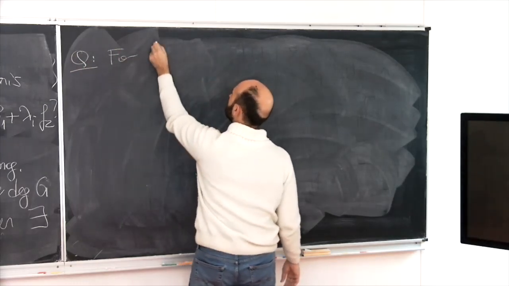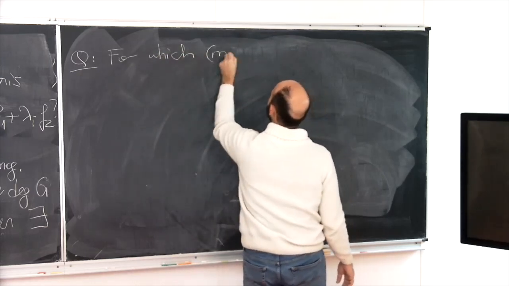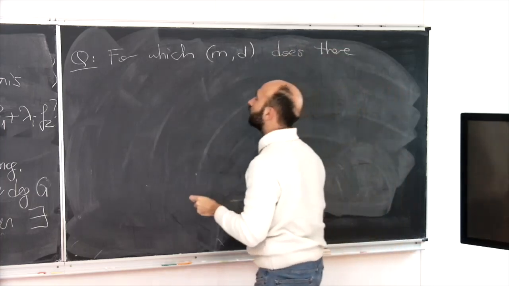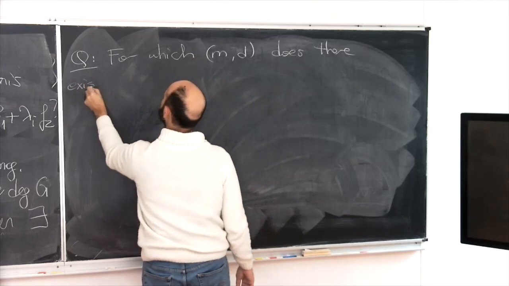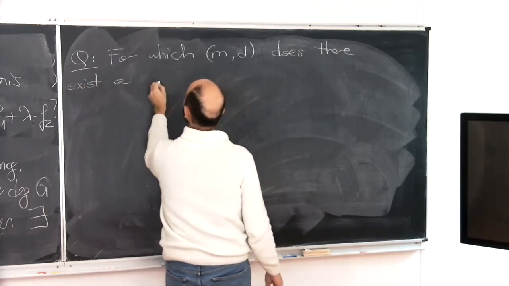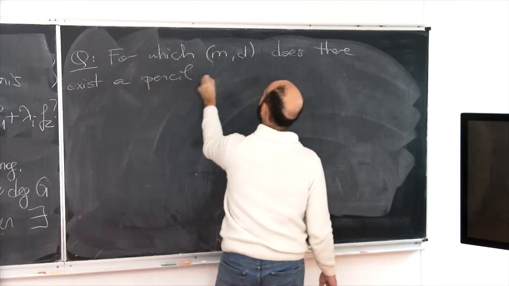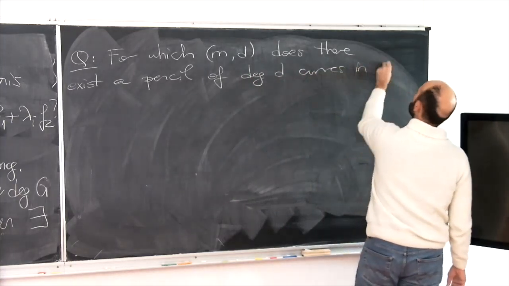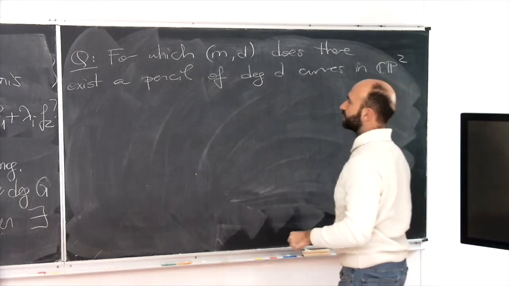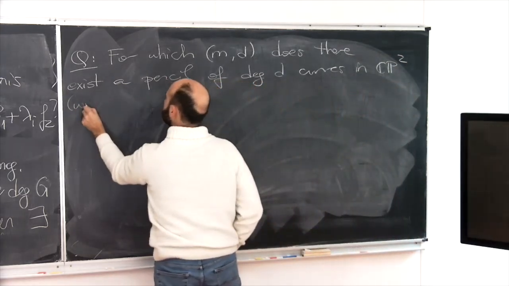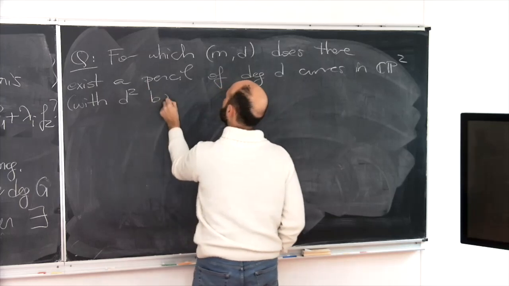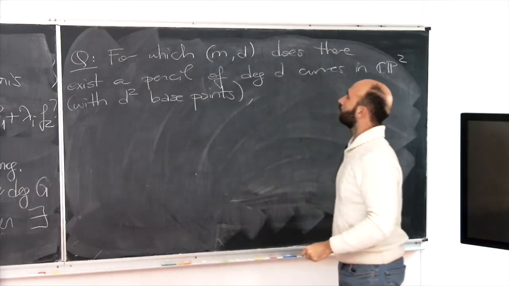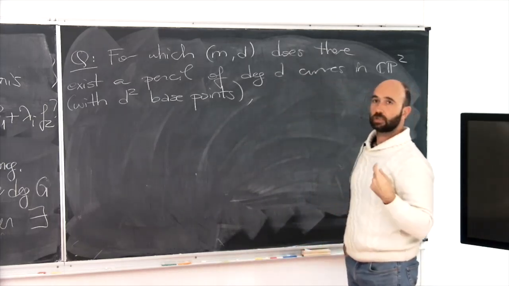For which pairs m, d does there exist a pencil of degree d curves in CP2 with exactly d squared base points completely degenerating into d lines m times?